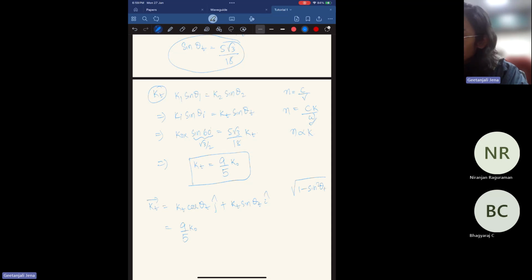You know what is sine theta t? So cos theta t you can easily find out using this trigonometric relation. Okay. So cos theta t will come out as root over of 249 divided by 18 jk plus 9 by 5 k0 5 root 3 by 18 ik.